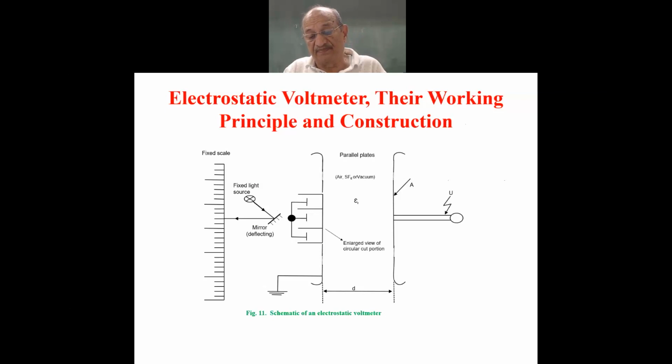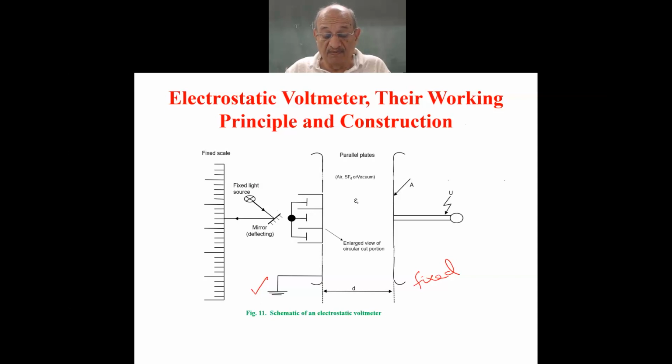The right one is the high voltage electrode and the left one is the grounded electrode, and also a movable electrode. This is not just grounded, it is also movable, and the other one is fixed, which is given the high voltage.